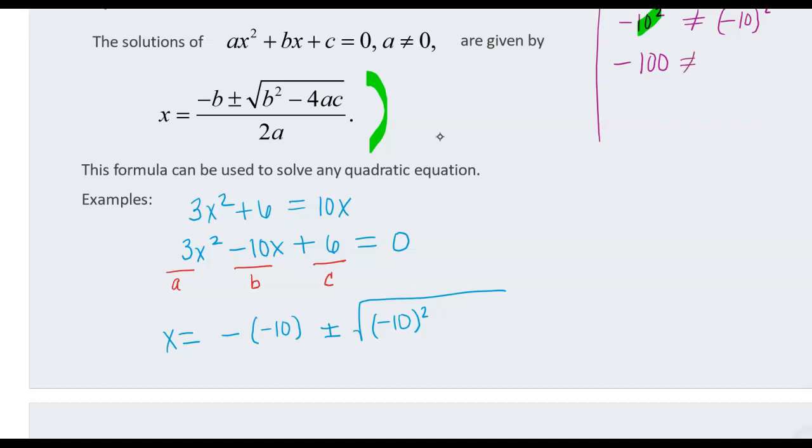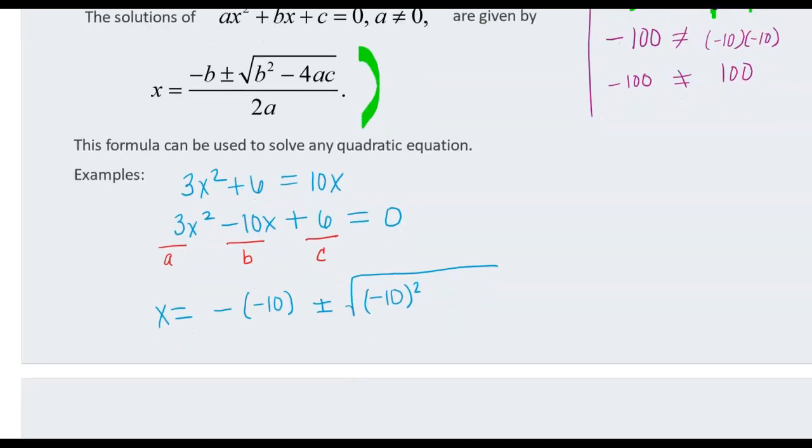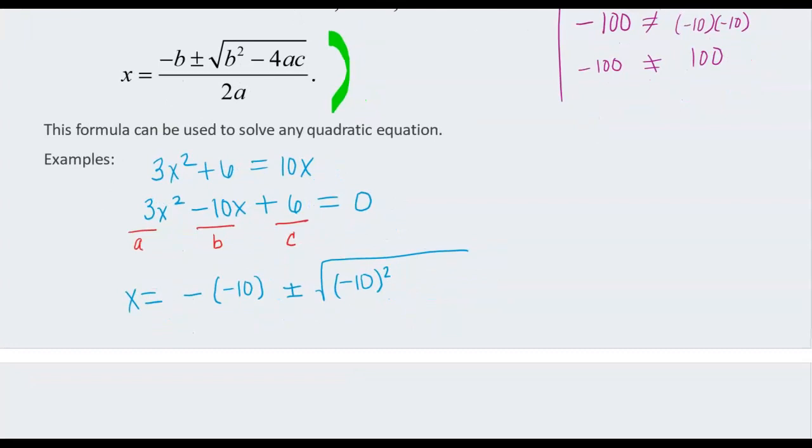On the right-hand side, order of operations tells us that we square whatever's right next to it, and that's everything in the parentheses. So we end up with negative 10 times negative 10, which is 100. So these are not the same. So it's important if you're using a calculator to remember to type that in so that that b squared is always going to be positive.